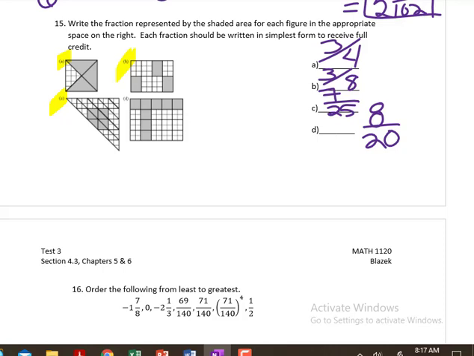So I can write this as 4 times 2 divided by 4 times 5. I can cancel that common factor, and my final answer is 2/5. So I'm actually going to erase my work so we get a little clearer on the key.